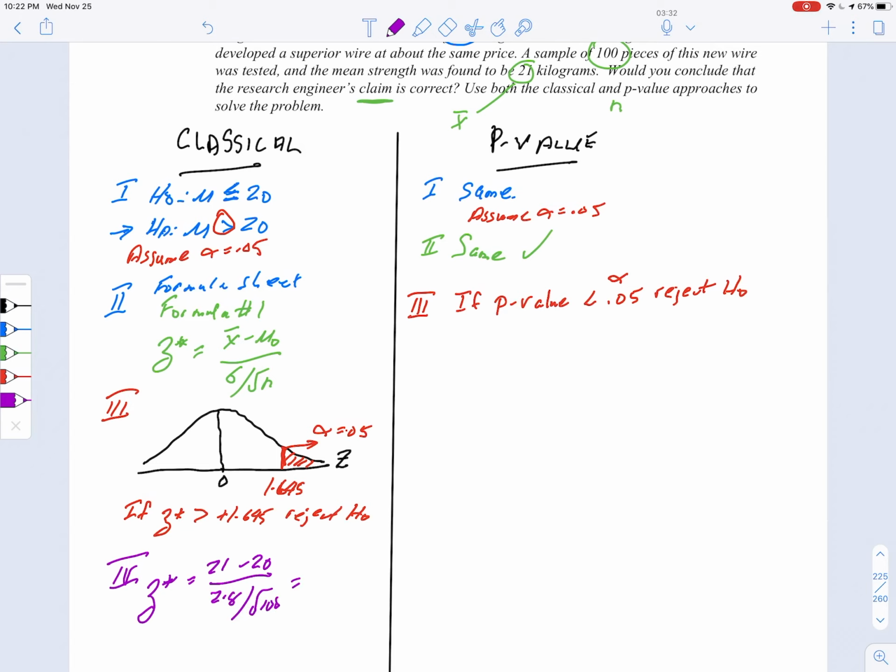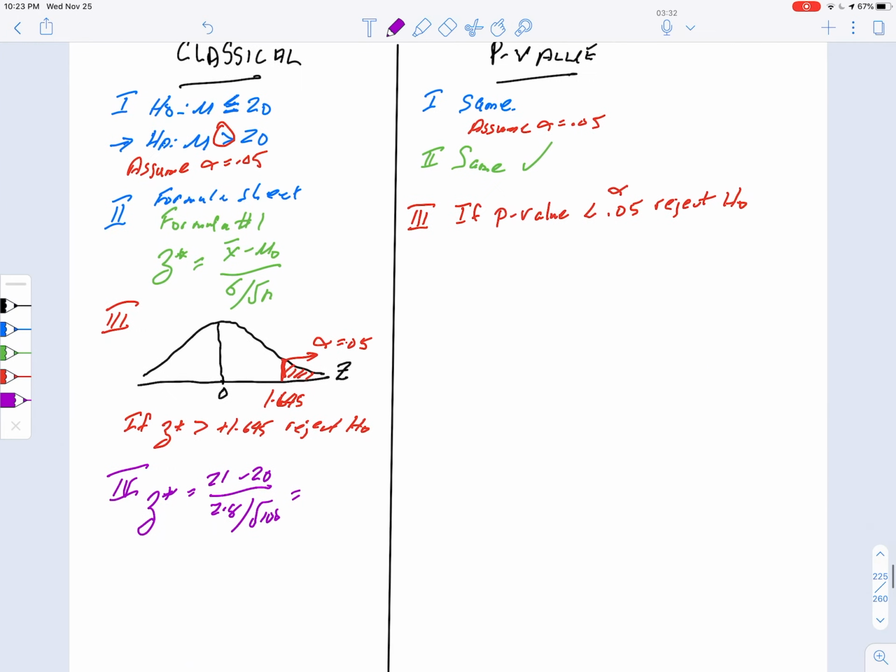That was the sigma of 2.8 over the square root of 100. That turns out to be 3.57. That's way out in the tail.